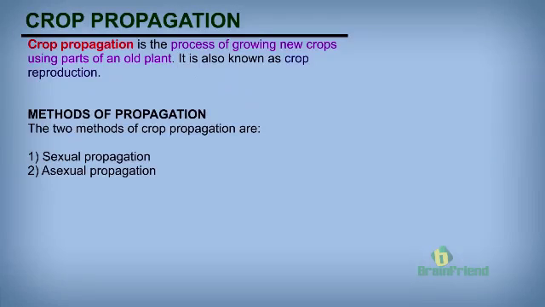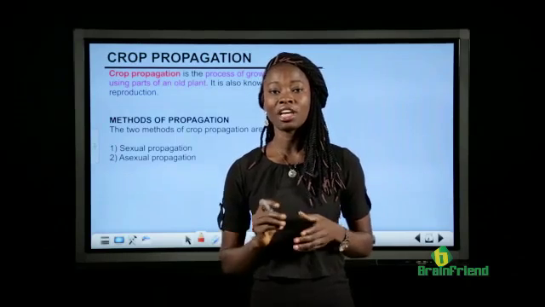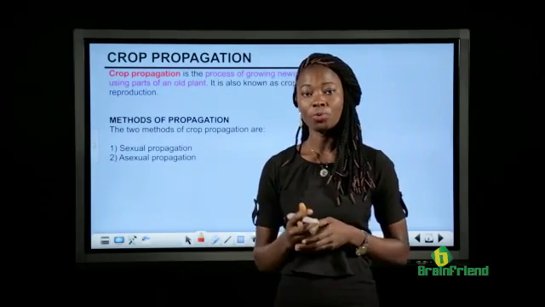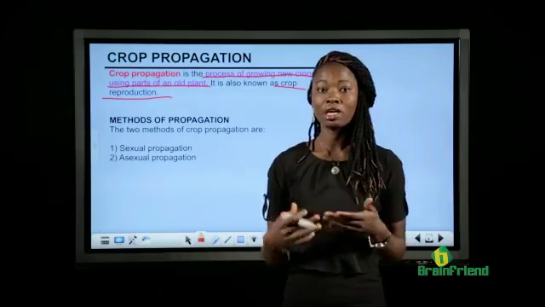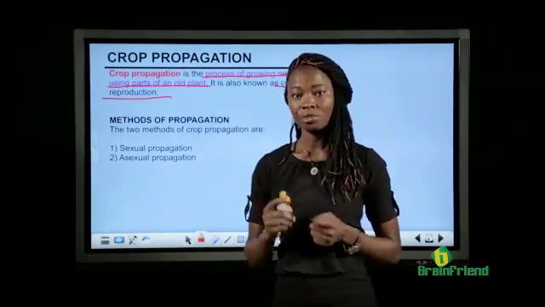Now, what is crop propagation? Like I said earlier in the introduction, it is a process involved in plant reproduction. Therefore, crop propagation is the process of growing new crops using parts of an old plant. Crop propagation is also called crop reproduction because it is a means whereby crops reproduce themselves.